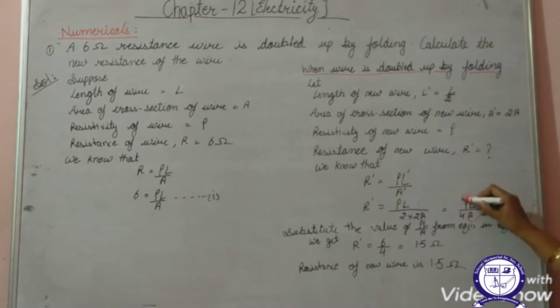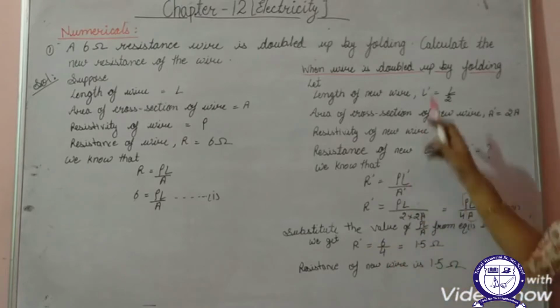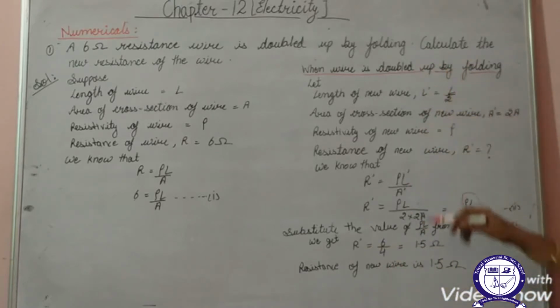Now we'll substitute the value of rho L by A from equation 1. So instead of rho L by A, I can write 6. So R dash will be equal to 6 by 4, that is 1.5 ohm. So we can say that the resistance of the new wire obtained by folding and doubling the previous wire will be 1.5 ohm.